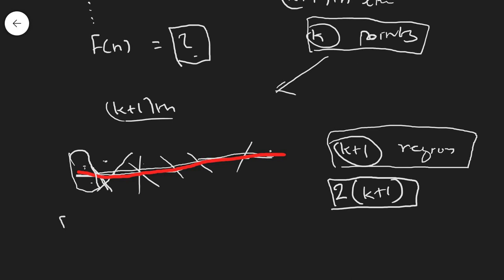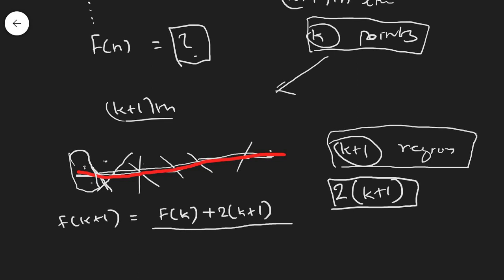Suppose we have f of k plus 1. What is the relation between f of k plus 1 and f of k? We have to find the relationship between these two. What it does is change the k plus 1 regions and make each into 2. So we cannot just add 2 times k plus 1, because we already had these k plus 1 regions, so we can subtract them.